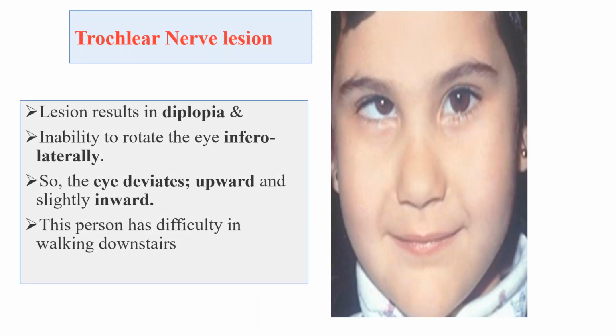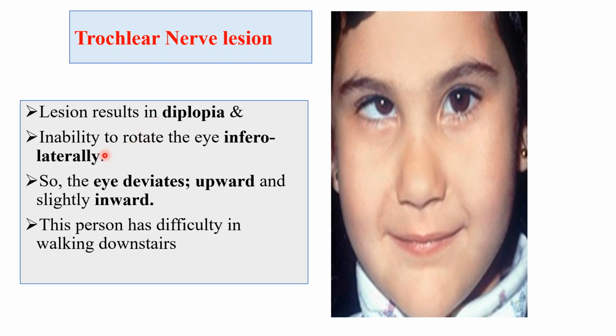Keeping those in mind, a lesion of the trochlear nerve is going to result in diplopia and inability to rotate the eye inferolaterally. So the eye is going to deviate upward and slightly inward. The opposite action leads to downward rotation, so because it is injured, it will lead to upward and slightly inward deviation of the eyeball.